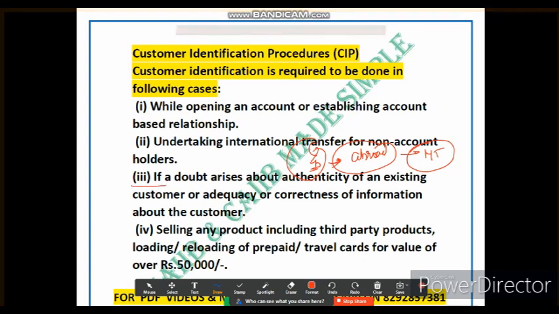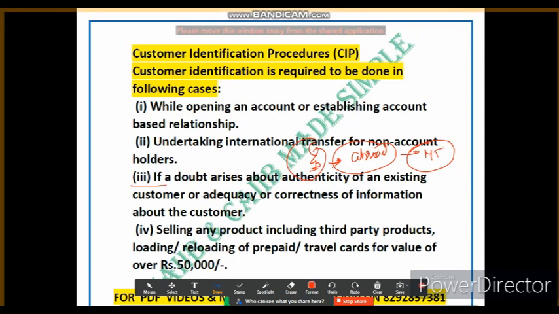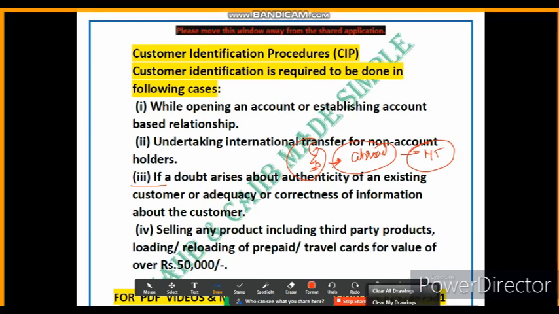The third point is when a doubt arises. The CIP comes into play when there is a doubt or suspicion about the authenticity of an existing customer, or the adequacy and correctness of the information provided by the customer. So what happens in such cases? In such cases, the bank or regulated entity is required to re-verify the customer's identity to address any concern. Let me give an example to make it more clear.